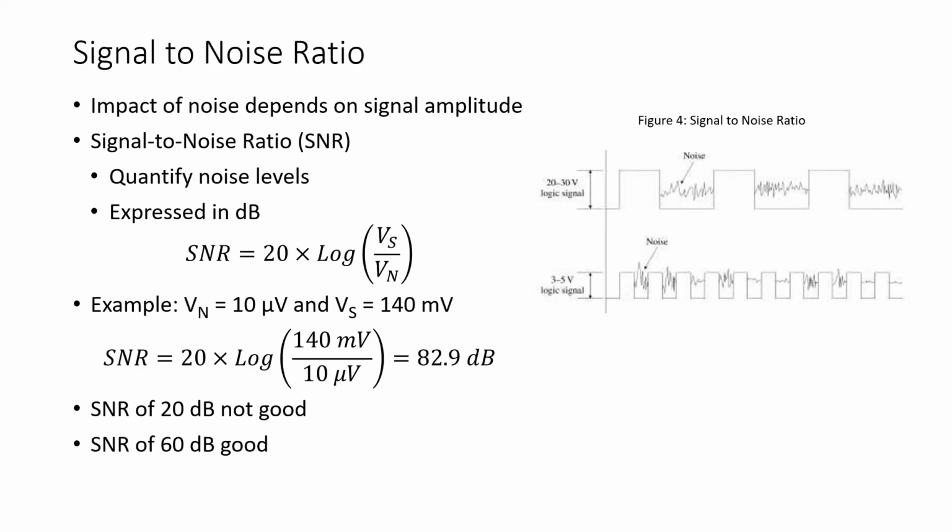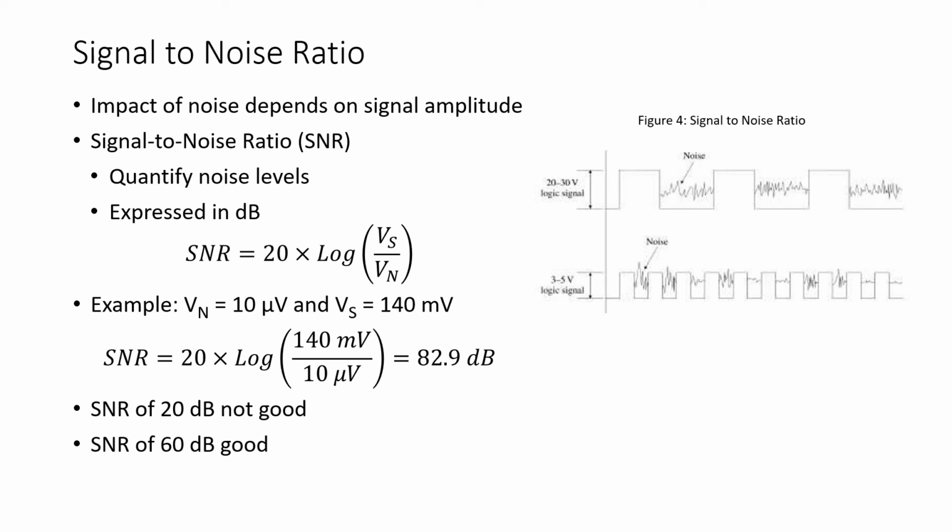Now, when we talk about noise, one of the metrics we use is called the signal to noise ratio, SNR. And this is just a way to quantify, to attach a number to the noise level in a system. And the signal to noise ratio is always expressed in decibels.